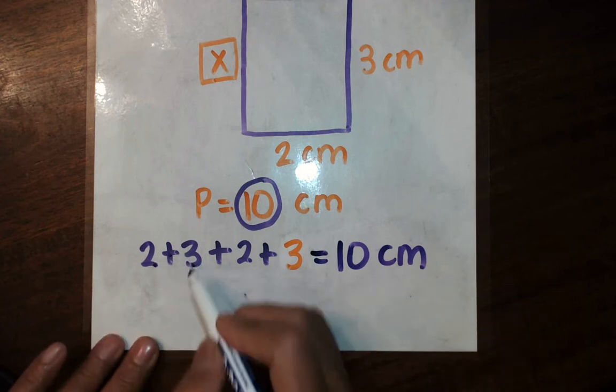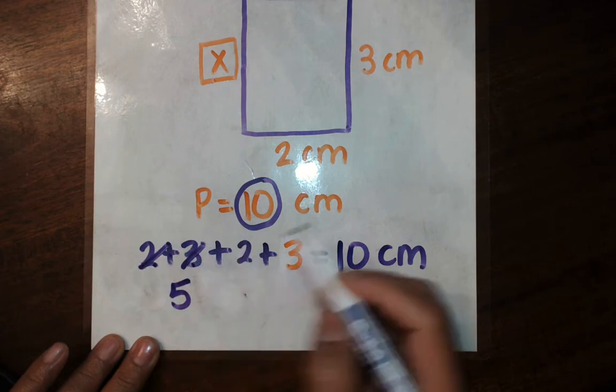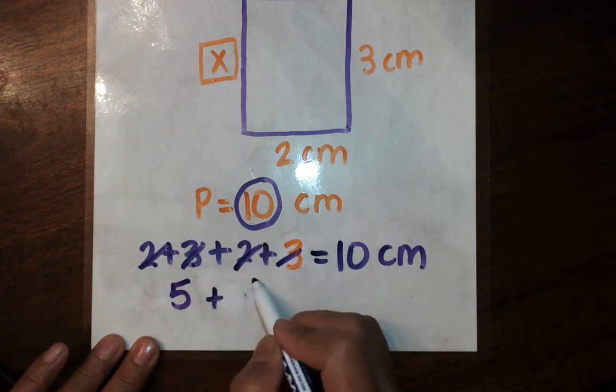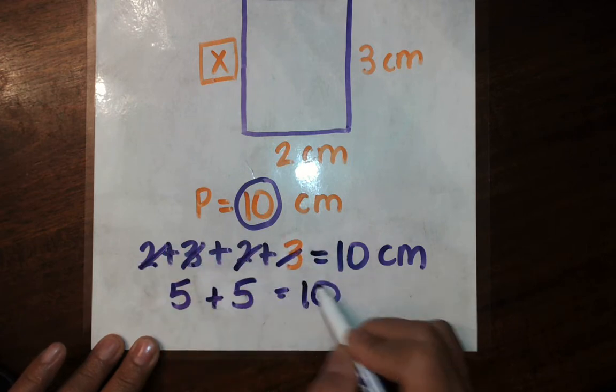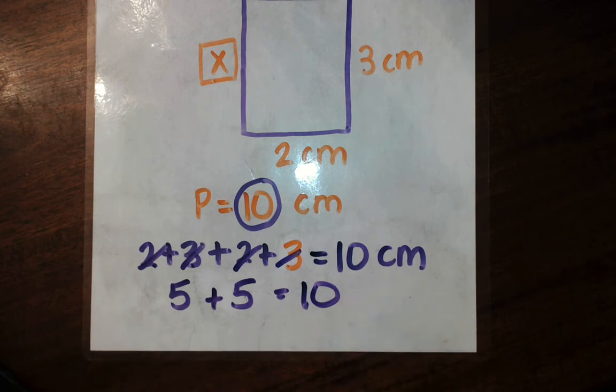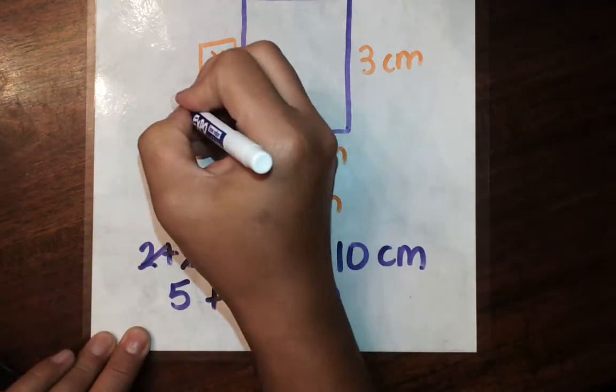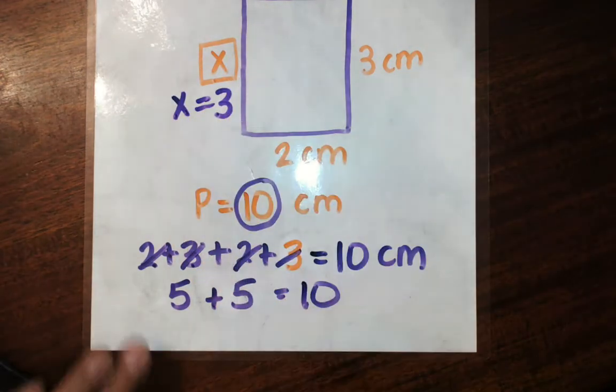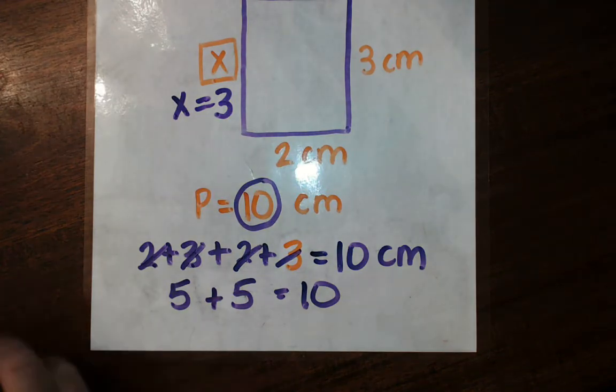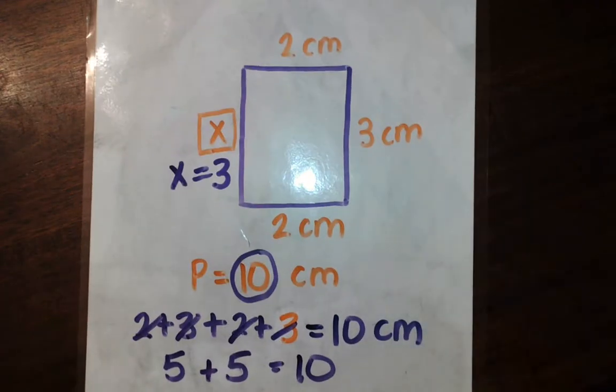I know 2 plus 3 equals 5, and 2 plus 3 equals 5. Does 5 plus 5 equal 10? Is this equation true? Yes, it is, which means x does equal 3. Very good, you guys. Very nice.